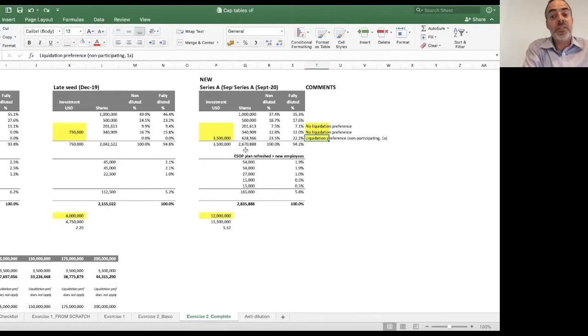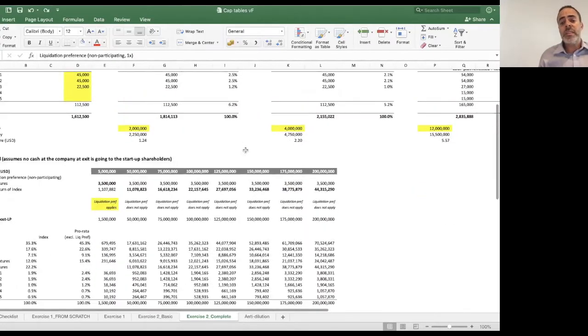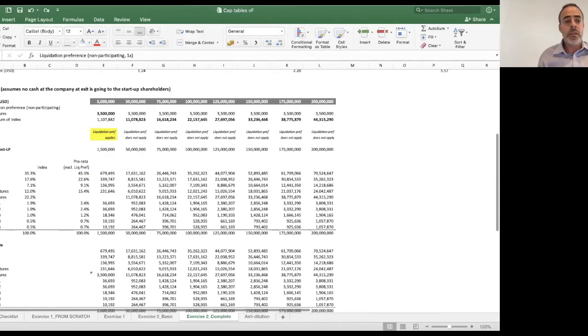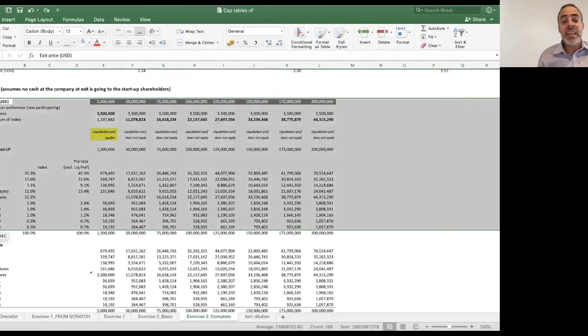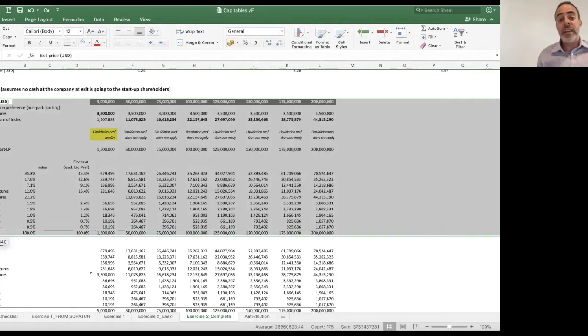So if I don't use my liquidation preference, I will get 10% of 50 million, right? That's basically the calculation, and that's what's illustrated in this waterfall. And this is the easiest scenario that you can get, right?